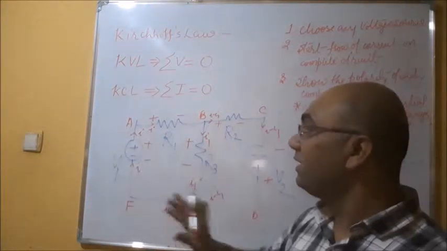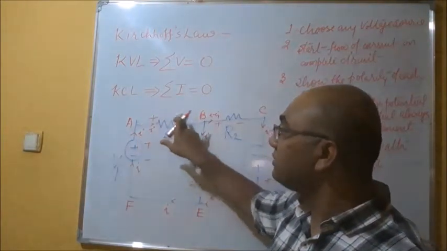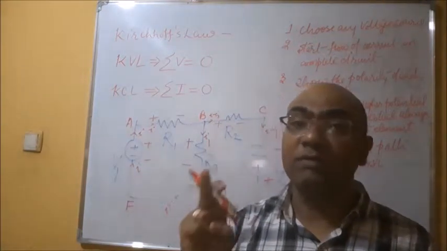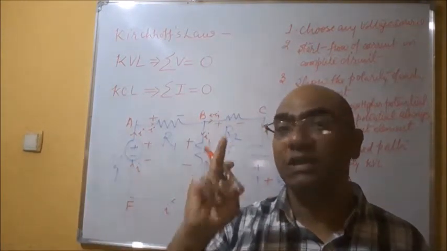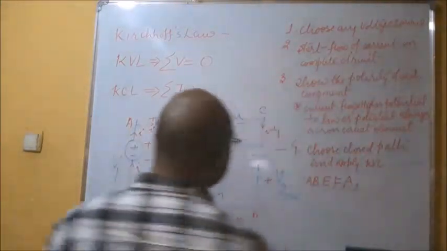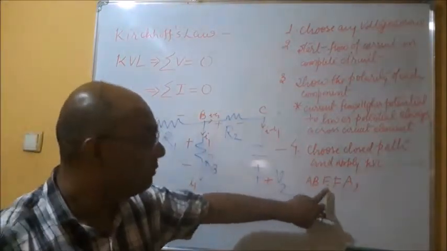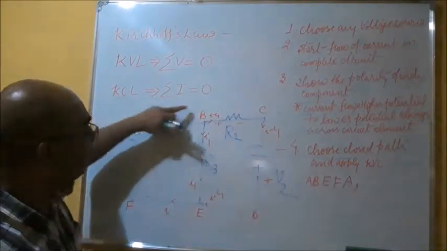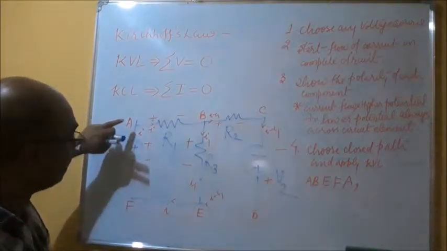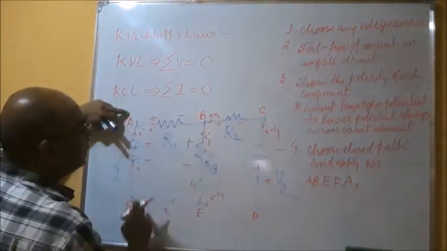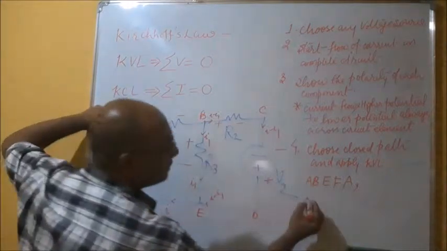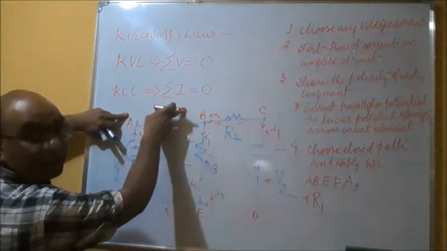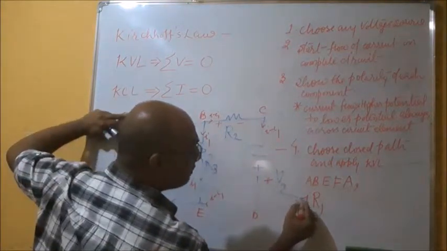So what I am saying is, if I move from positive to negative, I will take positive, and if I move from negative to positive, I will take negative. My loop is A, B, E, F, A. When I go from A to B, the voltage is I R1 and I am going from positive to negative, so I will take this as plus.